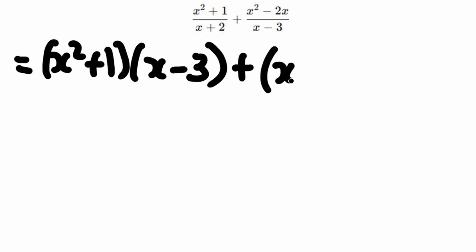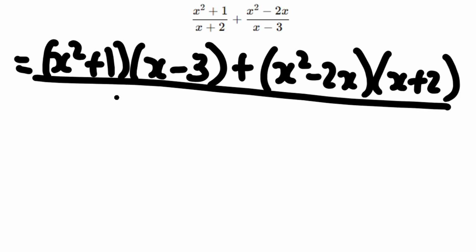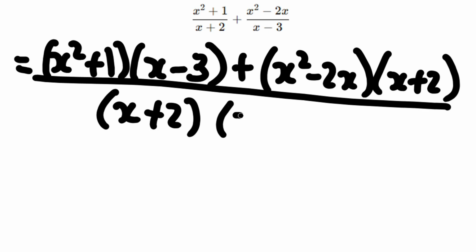Now x squared minus 2x multiplies the denominator of the other, which is x plus 2. So all divided by the denominators among themselves, x plus 2 multiplying x minus 3. As for the denominator, that's how we handle it.